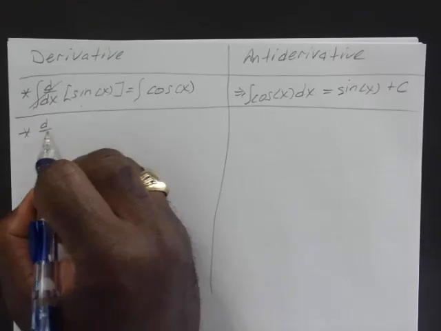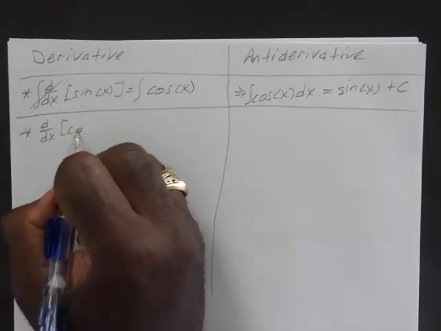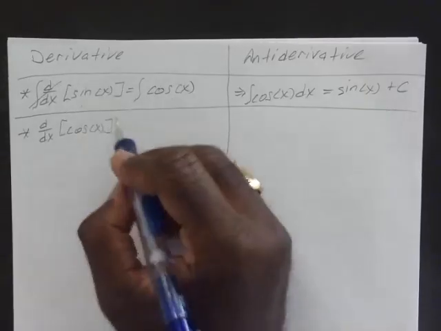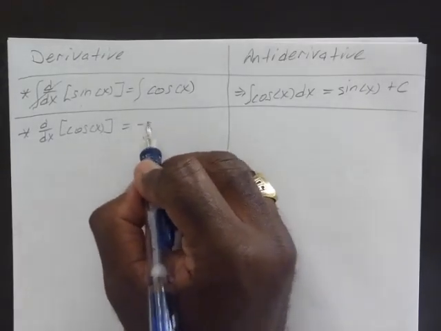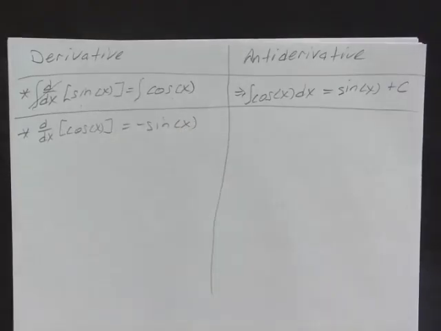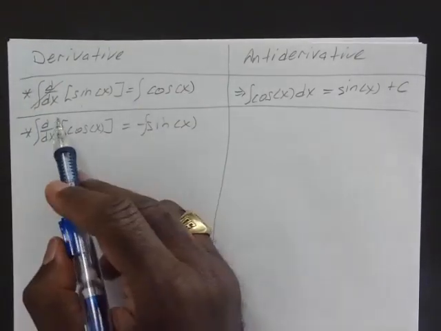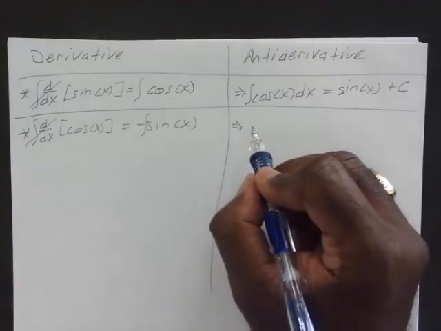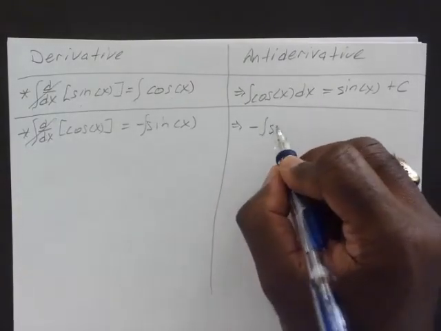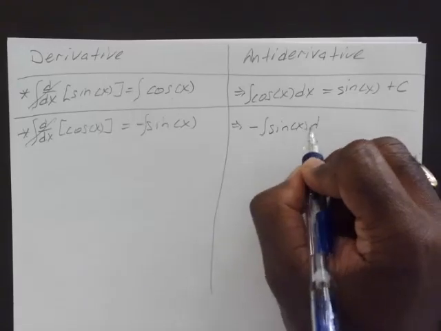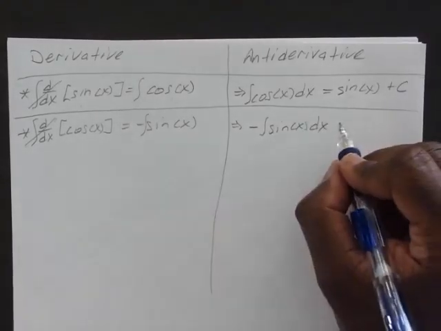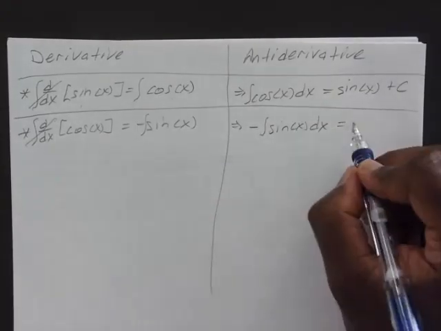Same thing, we know that the derivative of cosine of x is equal to negative sine of x. And if we take the antiderivative of both sides, we know the negative antiderivative of sine of x with respect to x is equal to cosine of x.